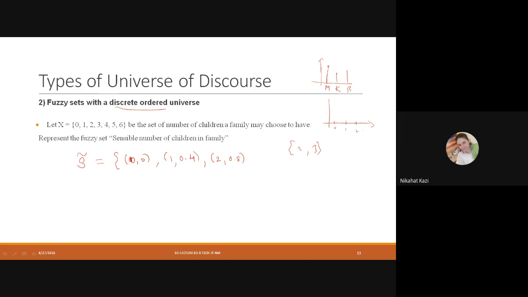Then for 3, I reduce it. Maybe this is 0.6. This is 0.8. This is 0.4. And 4 is 0.1. And then 5 and 6 I have membership as 0.